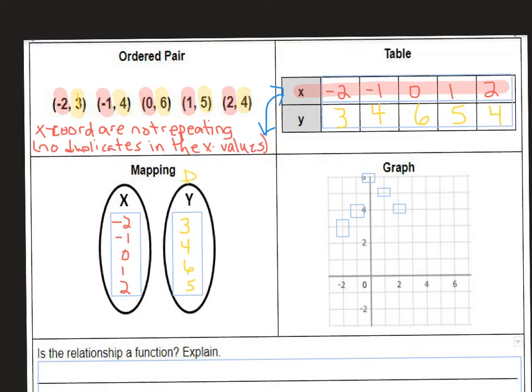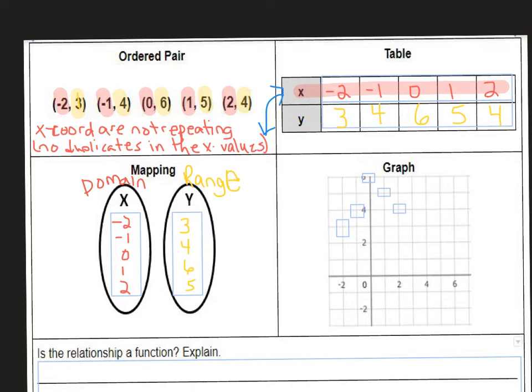So again, these are your domain values. Oops, Miss King just made a big mistake. Ignore what she said. Sorry, your domain values are your input values, your x values, and I listed those in order. My range values are the set of all my y values, okay, range.